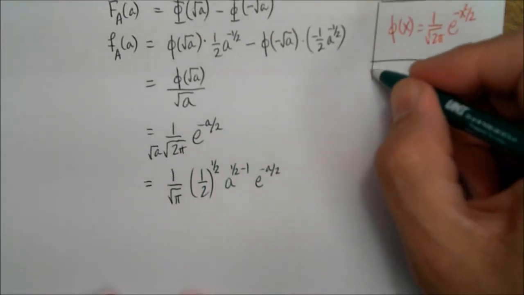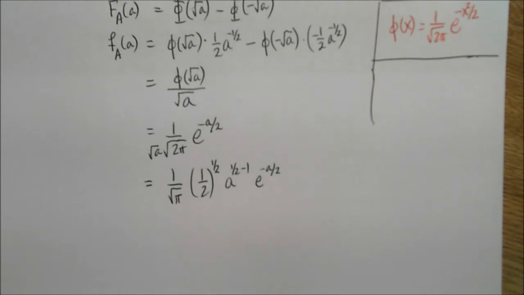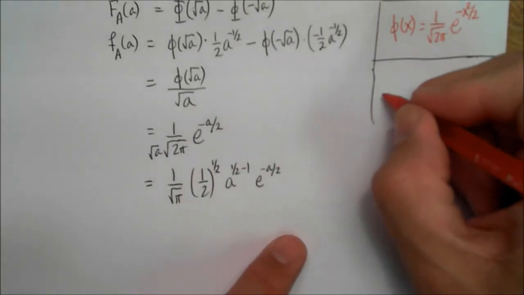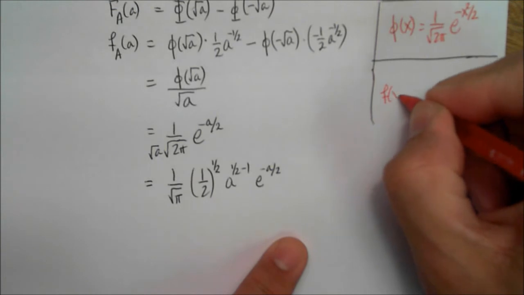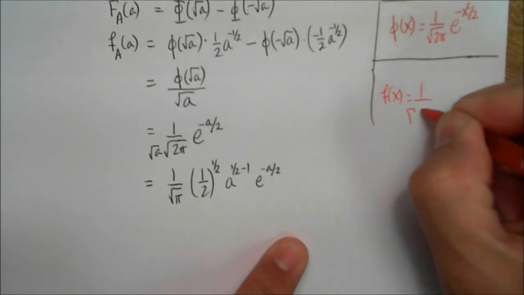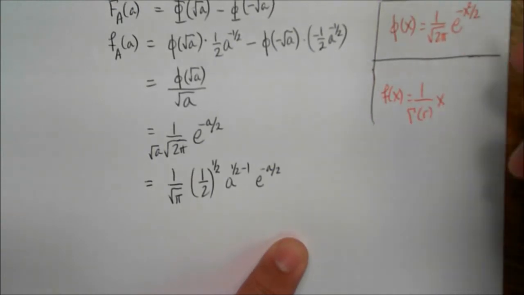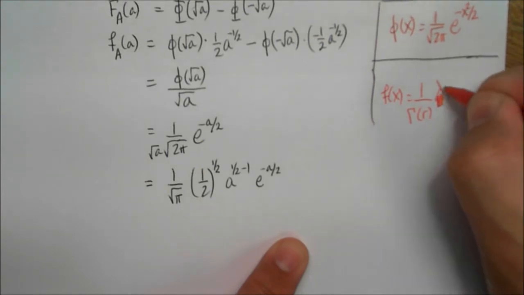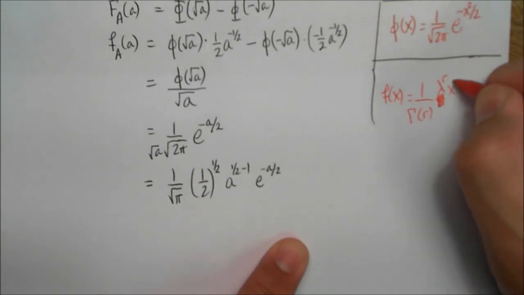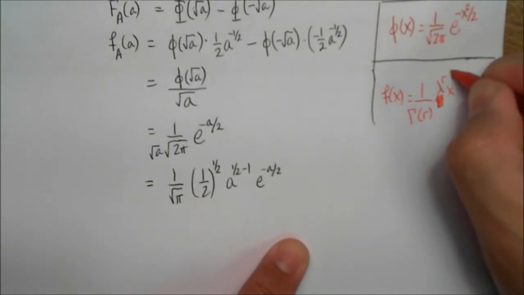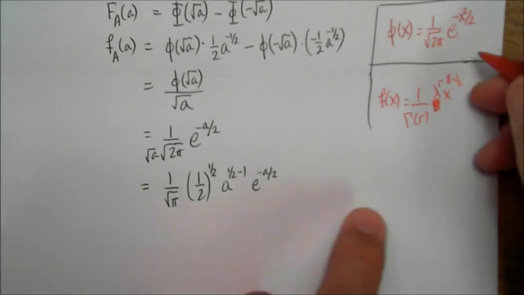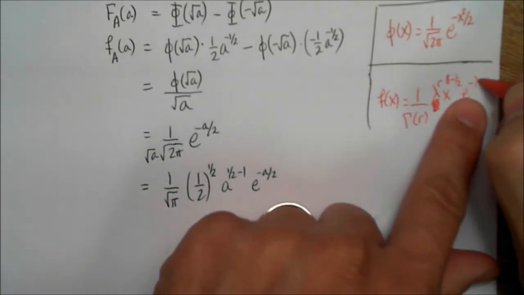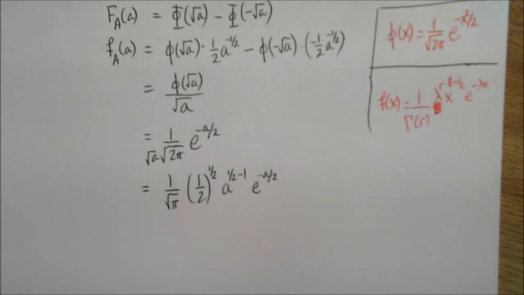Okay, and so let's remind ourselves again what the PDF for a gamma distribution is. The PDF looks like this. f of x is equal to 1 over gamma of r, times lambda to the r, times x to the r minus 1, times e to the minus lambda x.